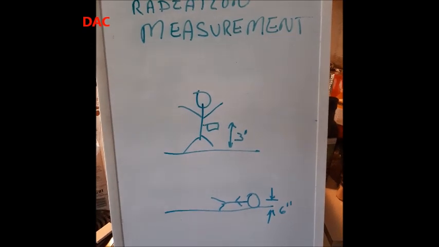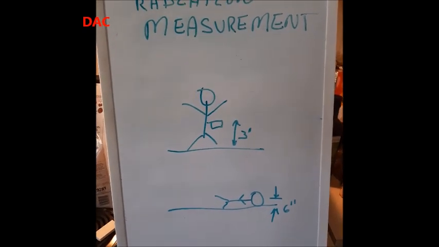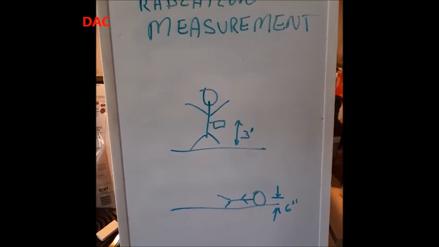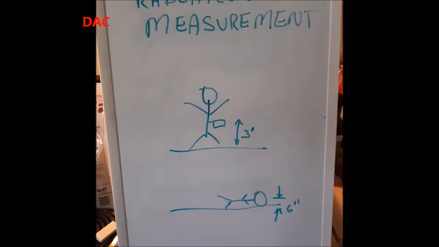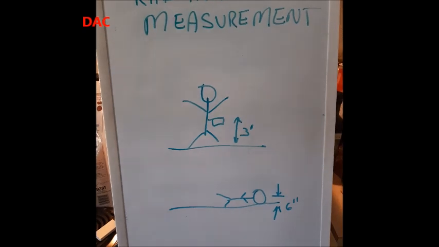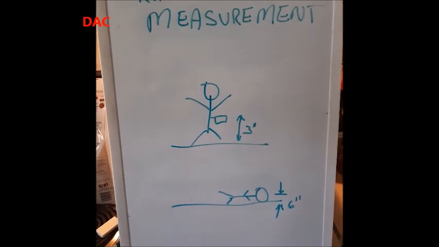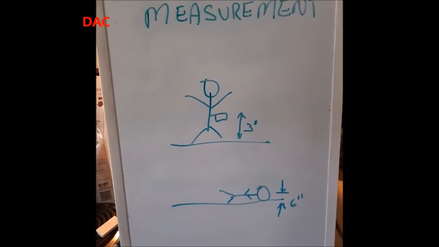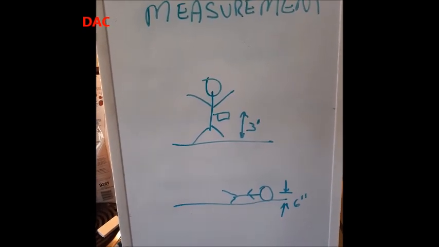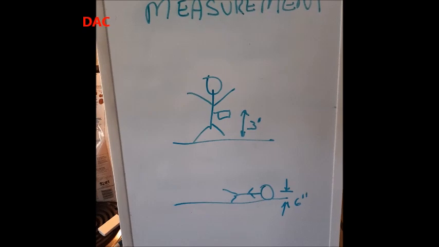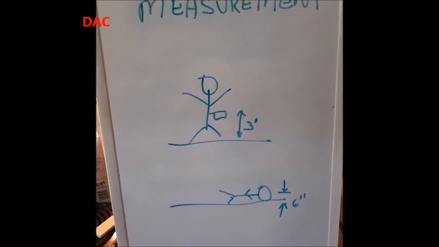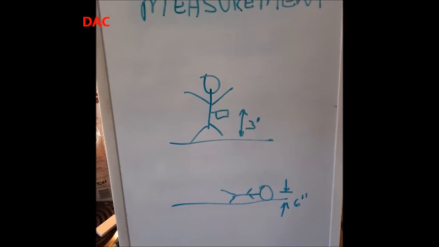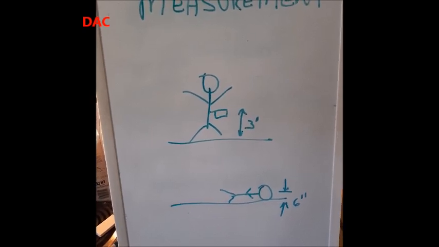So when you're looking at charts for radiation safety, as well as lethal doses and doses that produce radiation illness of varying degrees, they are all measured by an individual standing up with the survey meter 3 feet off the ground. Now, what happens is the bulk of the radiation is laying on the ground. That's where the fallout is, right?